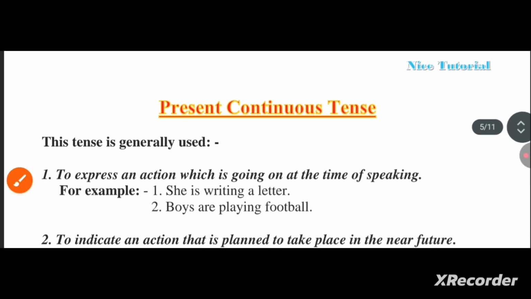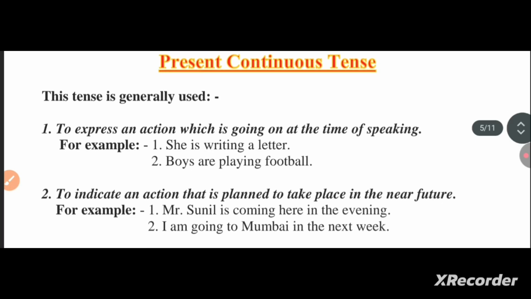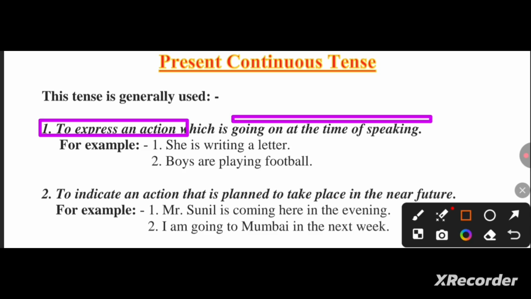Now, we shall discuss the present continuous tense. At first we should know where we have to use it. It is used to express an action which is going on at the time of speaking.